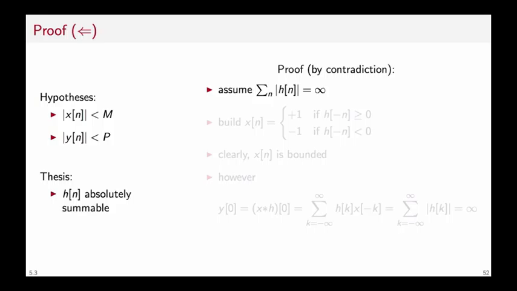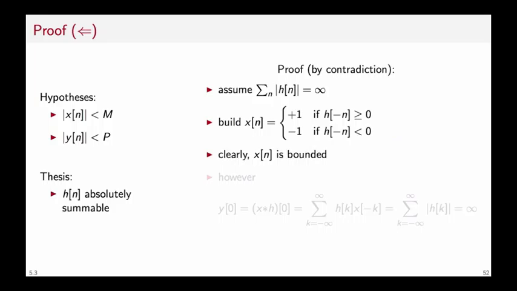So assume by contradiction that the impulse response is not absolutely summable, therefore the sum of its magnitude is plus infinity, at which point we can build an artificial input as follows. x of n will be equal to plus 1 if h of minus n is positive, and minus 1 if h of minus n is negative.